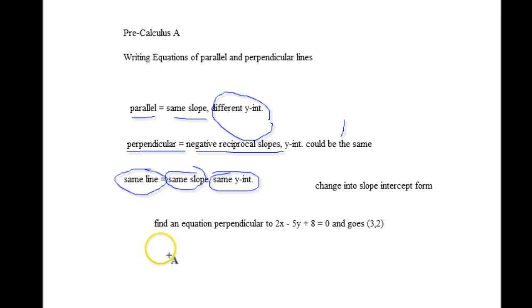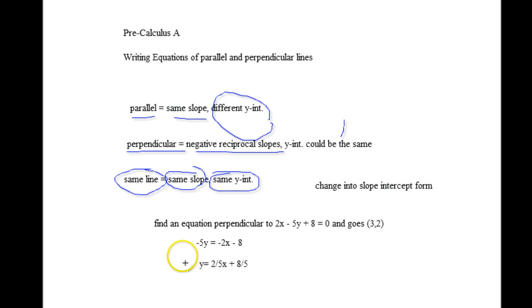Alright, so the first thing you need to do is find the actual equation's slope and then find the perpendicular slope for that. So we get negative 5y equals negative 2x minus 8. I already moved everything over, and so y equals 2/5 x plus 8/5.